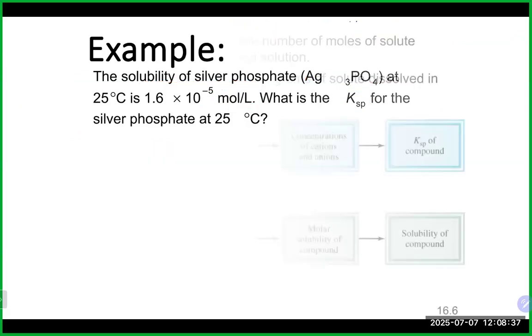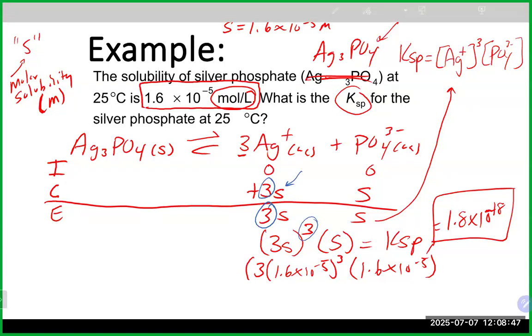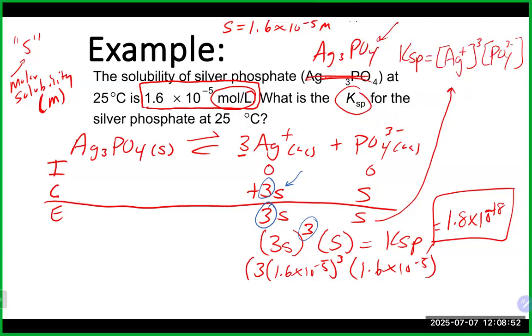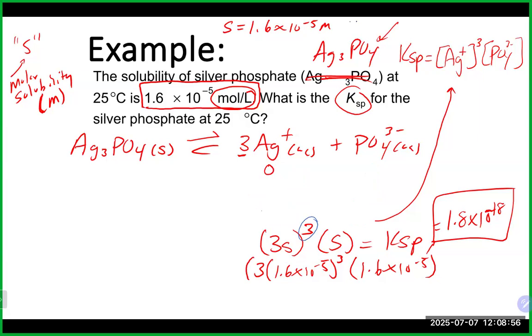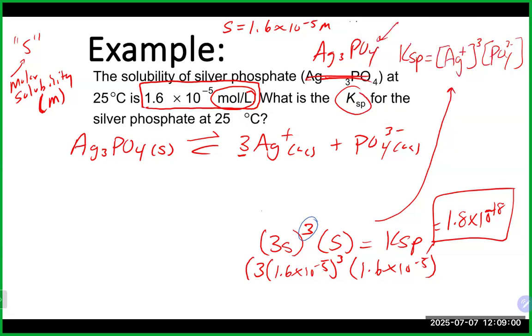If you understand molarity, you could do it without the ice table, but it's kind of the same thing. If you understand molarity, as we've talked about, this guy's molarity is 1.6 times 10 to the minus 5 molar.